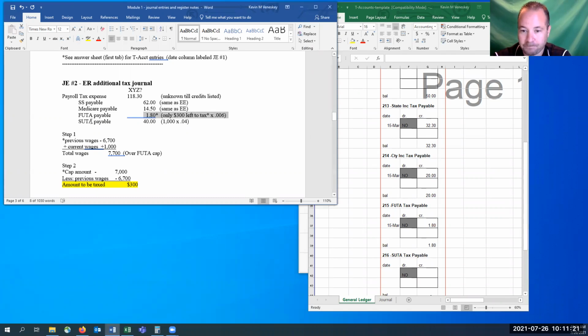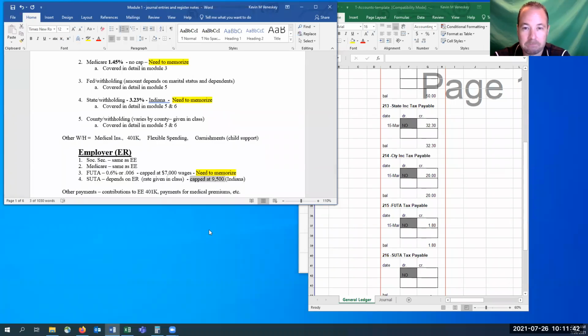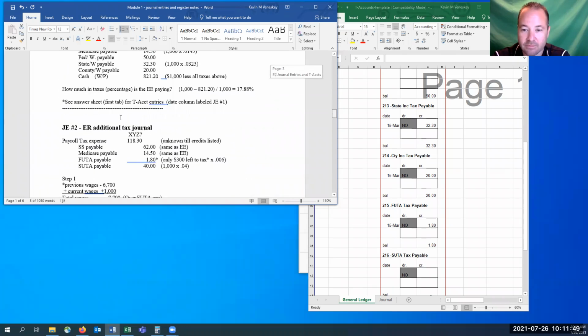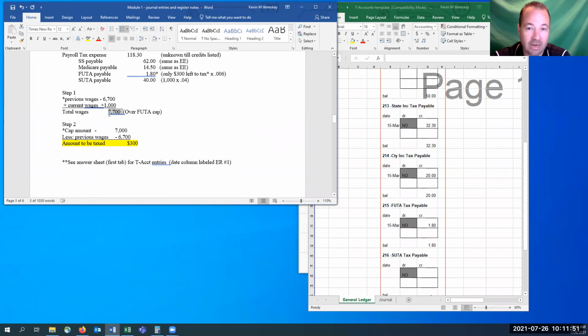SUTA, we do the same thing for cap purposes. Because FUTA and SUTA are pretty close, we can just look at step 1. Total wages, 7,700. That is not over the cap. Because remember, SUTA for Indiana, the cap is 9,500. And that's what we're going to use in this class. 9,500, when we add those two together, this is not over 9,500.